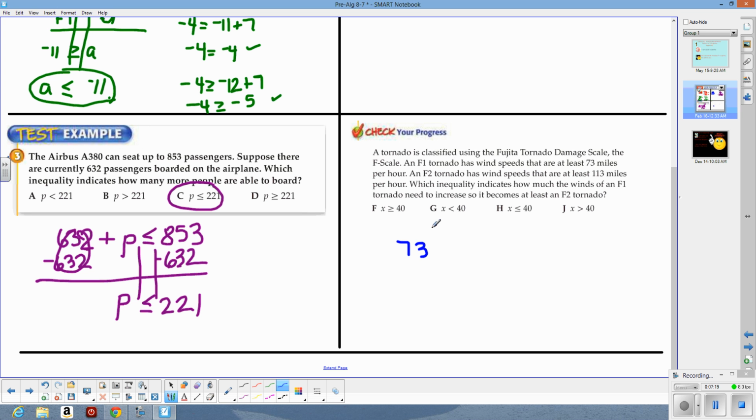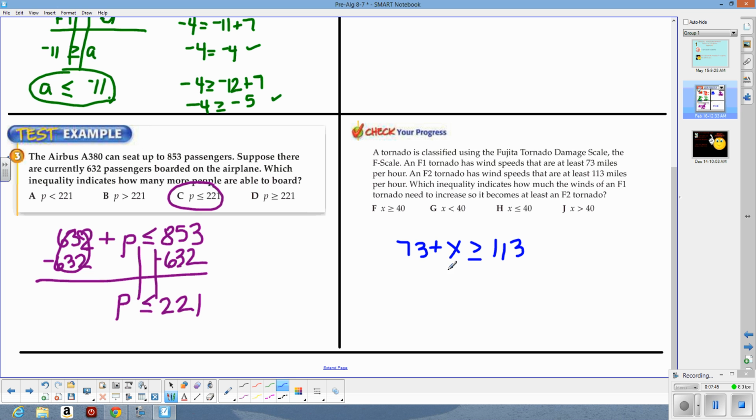Well, if an F1 is at least 73, we're going to add to that an increase of x miles per hour so that it becomes at least an F2, which means the wind speeds would have to be at least 113, or greater than or equal to 113 miles per hour.